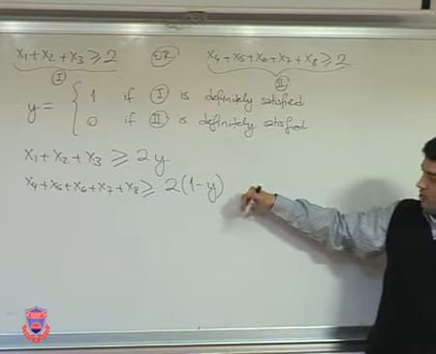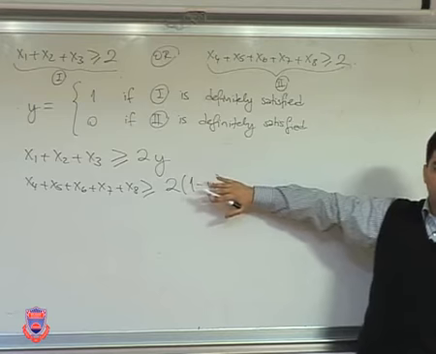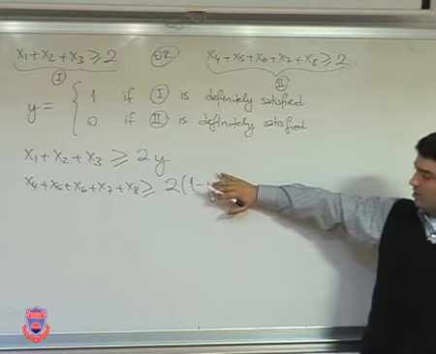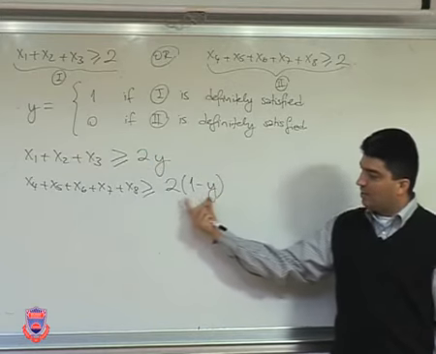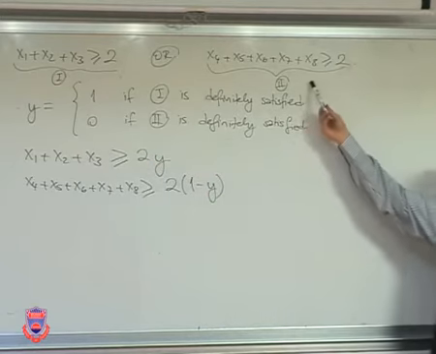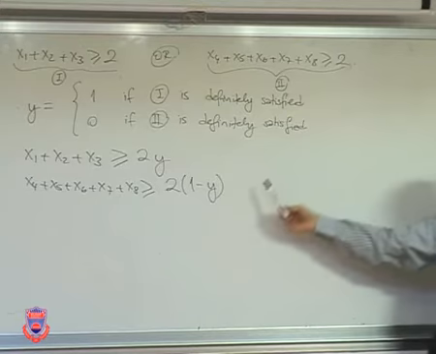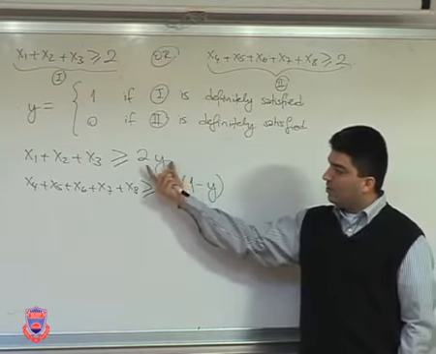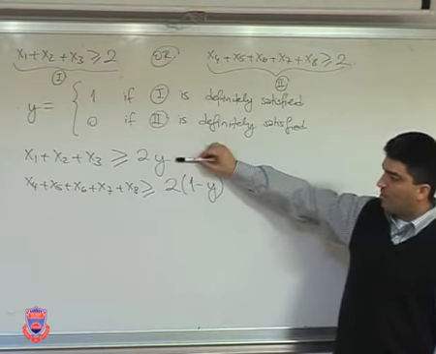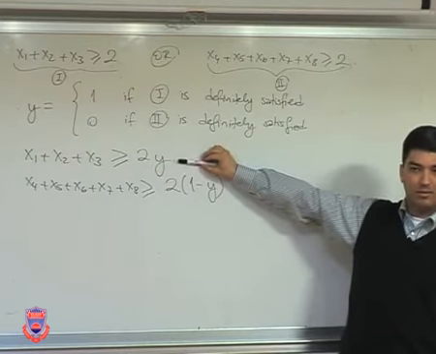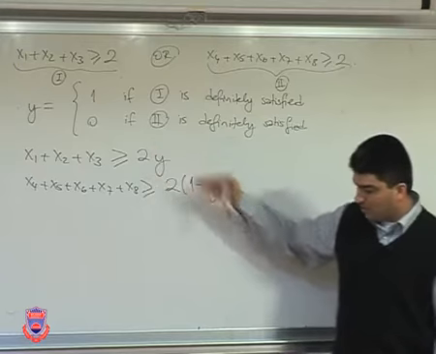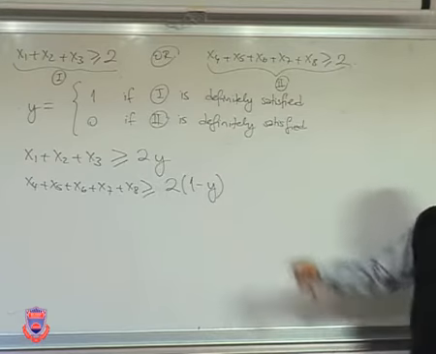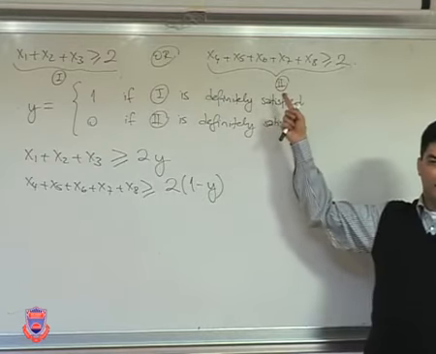It does not impose any restrictions on my choices. On the other hand, if y is equal to 0, then the right-hand side of the second constraint becomes 2, in which case this is always satisfied. And the right-hand side of the first constraint becomes 0, in which case the first constraint does not impose anything at all. So as a result, by adding these constraints to my problem, I make sure that at least one of these two constraints will be satisfied.